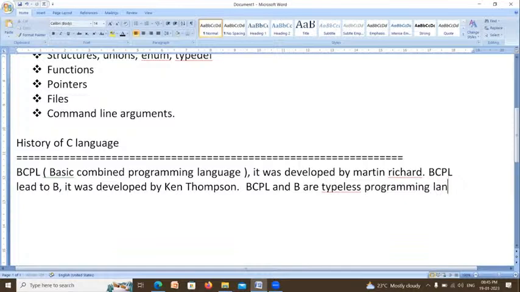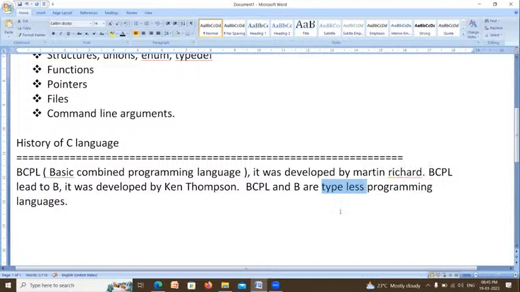Typeless programming languages means these two don't support data types, so they are called typeless. What is the meaning of data types? Suppose whenever you go to a sweet shop, there are so many sweets. Whenever you go to a hotel, there are so many types of tiffins like idli, vada, dosa, puri, like that. Those are the types of tiffins.